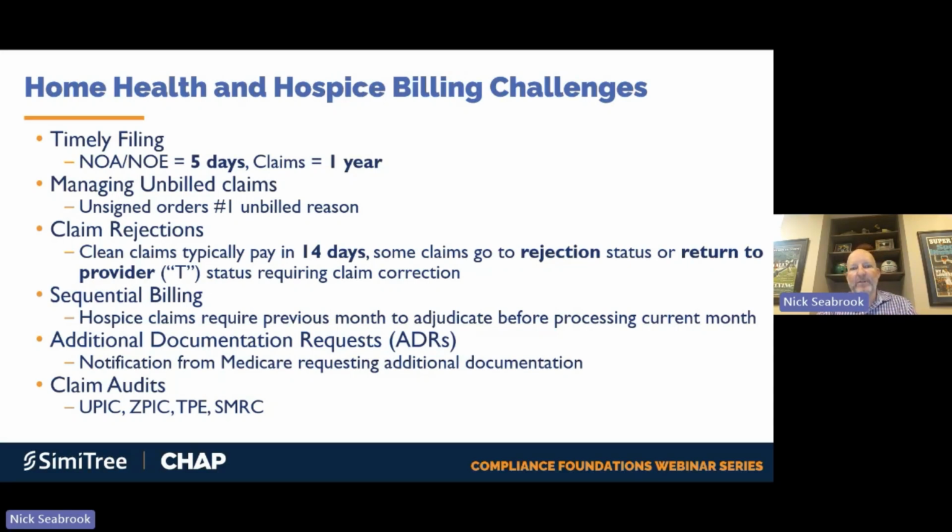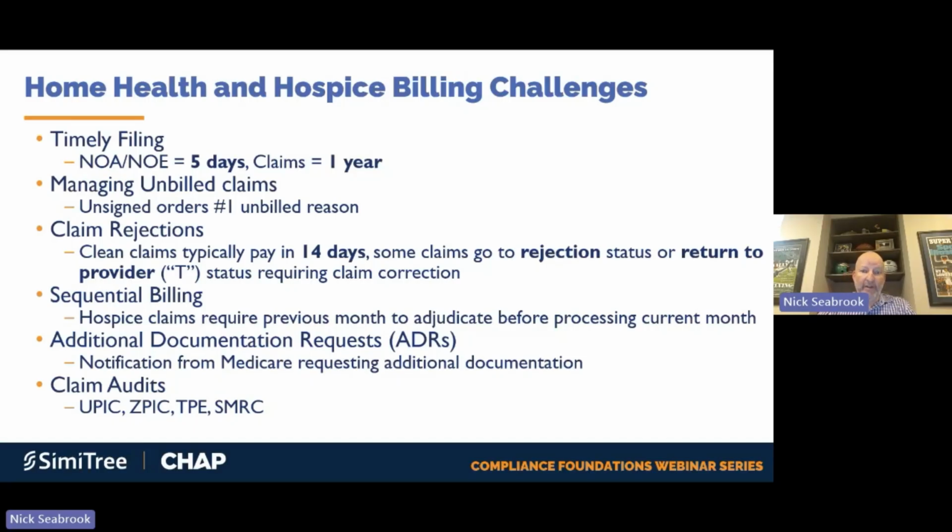So this goes back to the compliance, and I'll piggyback into some of the other conversations we have here regarding compliance, of why it's so important to make sure that you have all of your documentation lined up and that you have good supporting documentation to all the visits you're providing, all the referral information you're getting from those referral sources, so that the documentation you have supports the need for the services that are being provided.